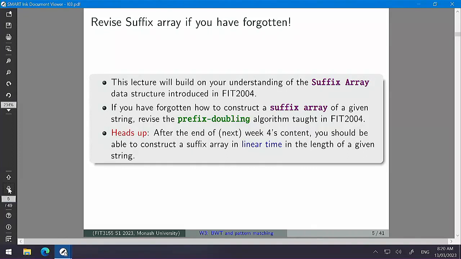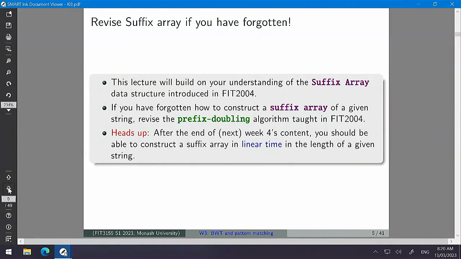That's the difference. Now, I would also say that at the end of next week, we're going to come up with another related data structure called suffix trees, which will allow you to construct suffix trees in linear time. If you construct suffix trees in linear time, you can construct suffix arrays in linear time. Okay? One last time, so you look out for it.